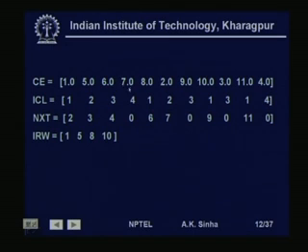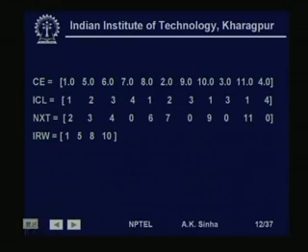After this 7 there are no further elements in the same row, and this is indicated by a null pointer, that is by 0.